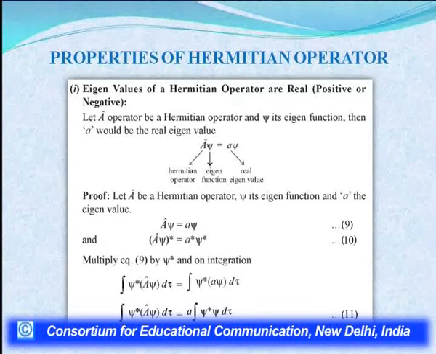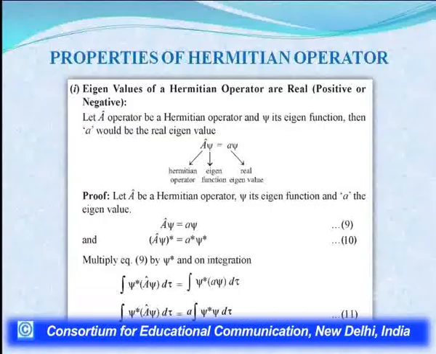This I have marked as equation number 1. Now we will take the complex conjugate of it. Simply take the complex conjugate on the left hand side and right hand side and put a star. So this will become (A operator psi) star, the total thing, equal to A star into psi star.